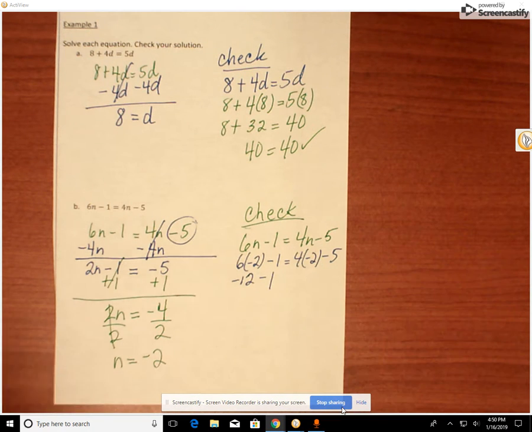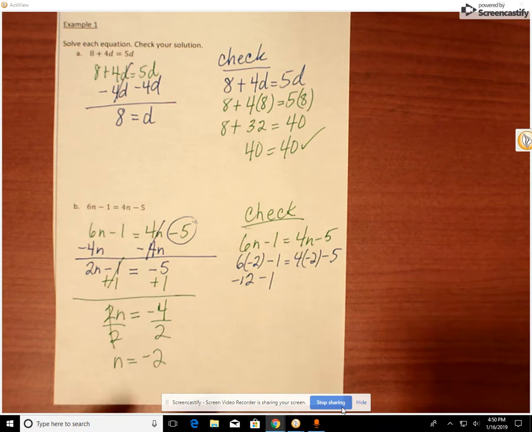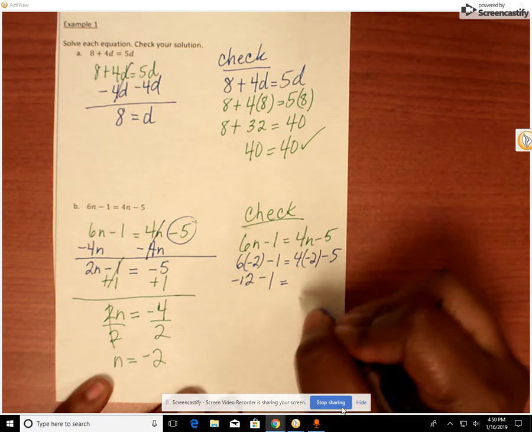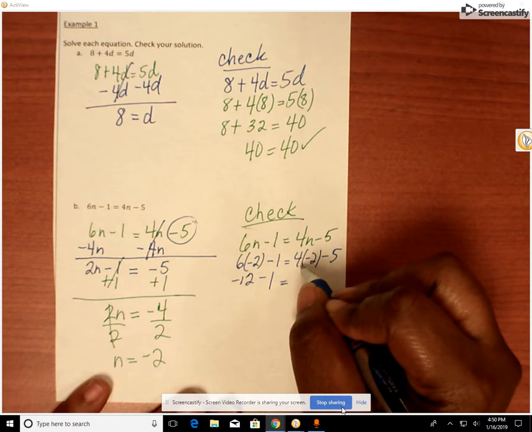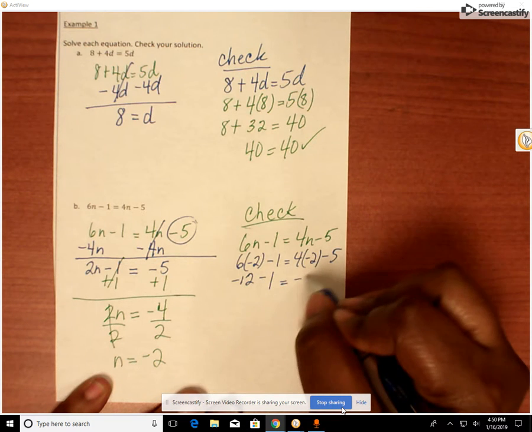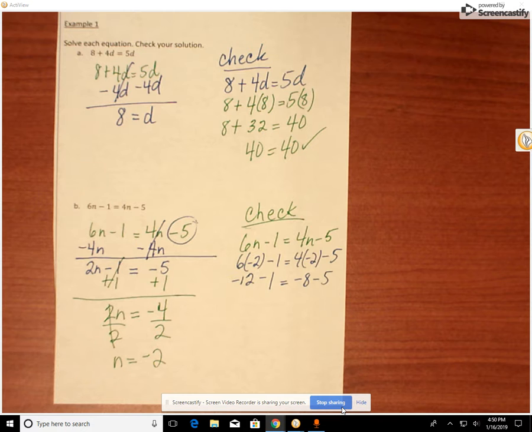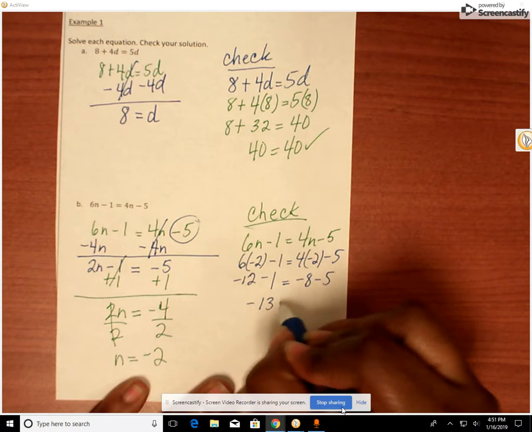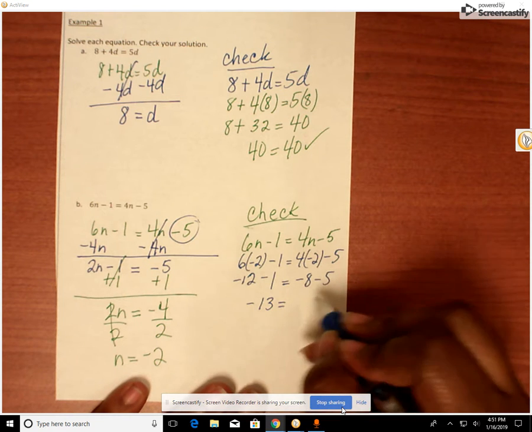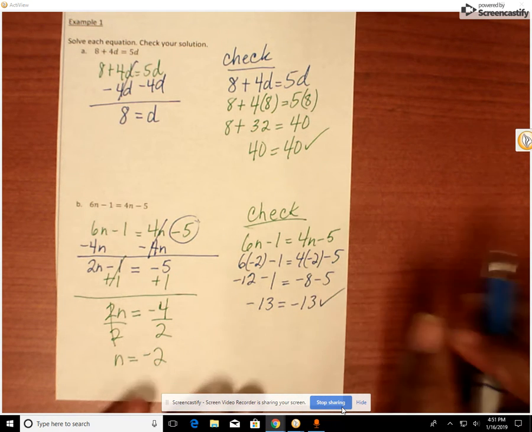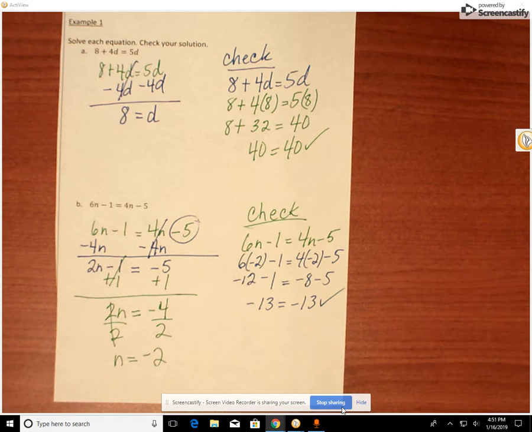Minus 1. We're going to do that side in a minute. We're going to go ahead and do 4 times negative 2, which is negative 8 minus 5. Take our calculator, negative 12 minus 1 should give you a negative 13. Negative 8 minus 5 should give you a negative 13. So our answer is correct, and we check.